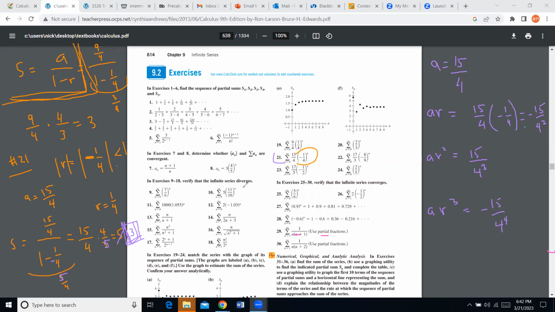How about this one for a quiz? Can you tell me what you think? In exercise 10, this is a geometric series. Is it going to be... oh, they already say diverge. No, that's not interesting. Okay, I just didn't see it. So verify that the series diverges.